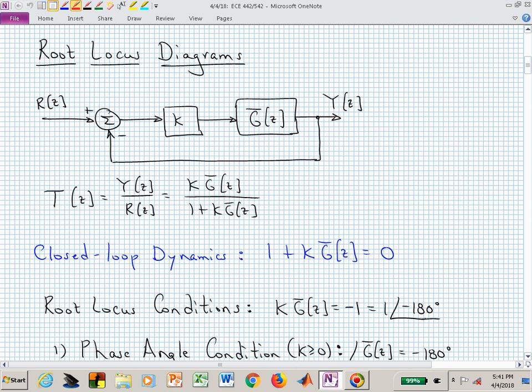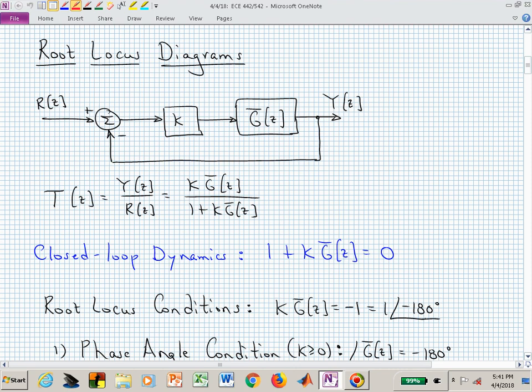That G bar could contain the plant G of Z and pieces of the controller capital C of Z. And the piece of the controller that we're actually isolating on is K, and that allows us now to write the closed loop transfer function between R and Y as KG bar over 1 plus KG bar.